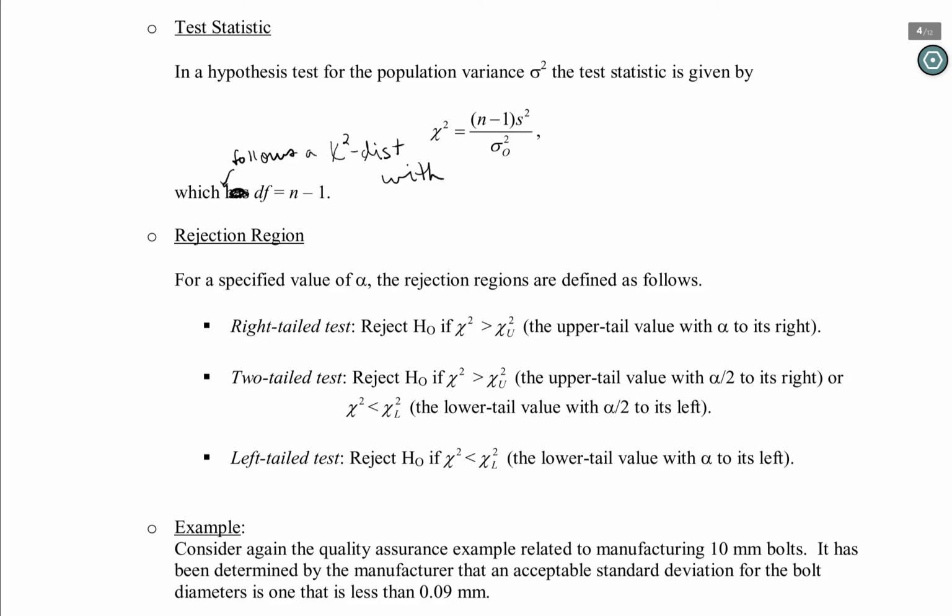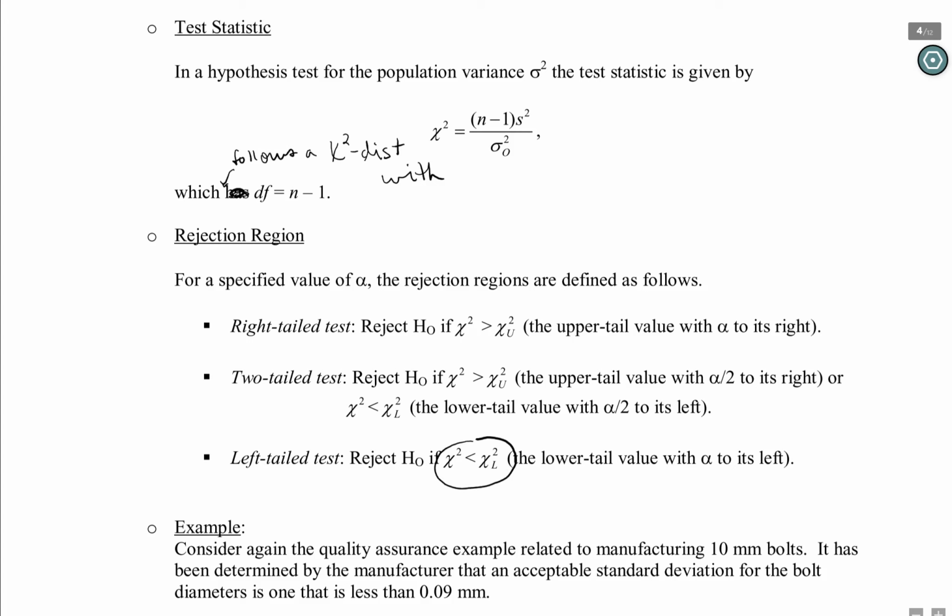The rejection region depends on the particular hypothesis test you're looking at. If you're doing a right tail test, you reject if your test statistic is larger than some upper tail value from the chi-squared distribution. If you're looking at a left tail test, you reject if your chi-squared statistic is less than some specified chi-squared percentile.